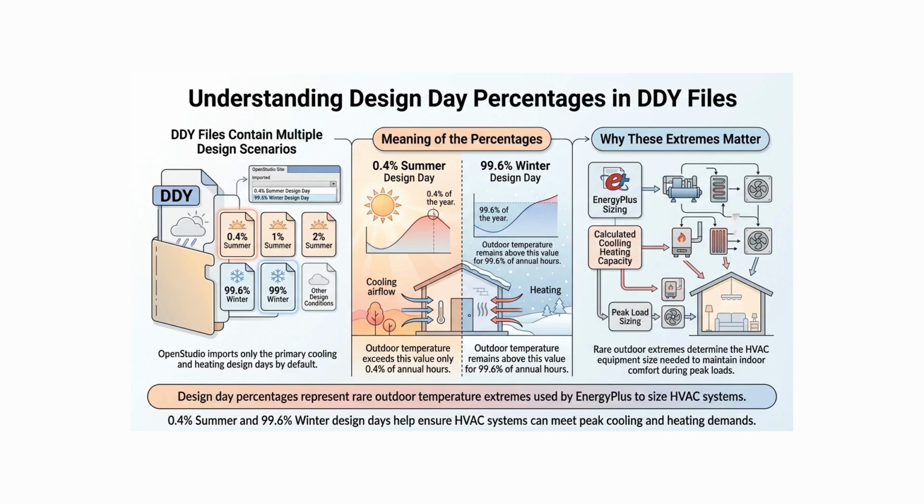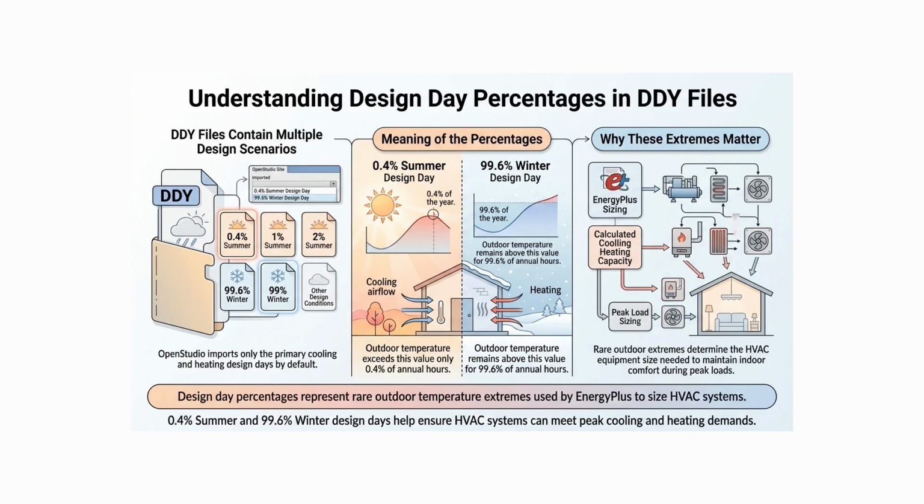These numbers describe the probability of temperature exceedance. For summer, a 0.4% design day means the outdoor temperature will exceed this value for only 0.4% of the year. For winter, a 99.6% design temperature means the outdoor temperature stays above that value for 99.6% of the hours in the year.